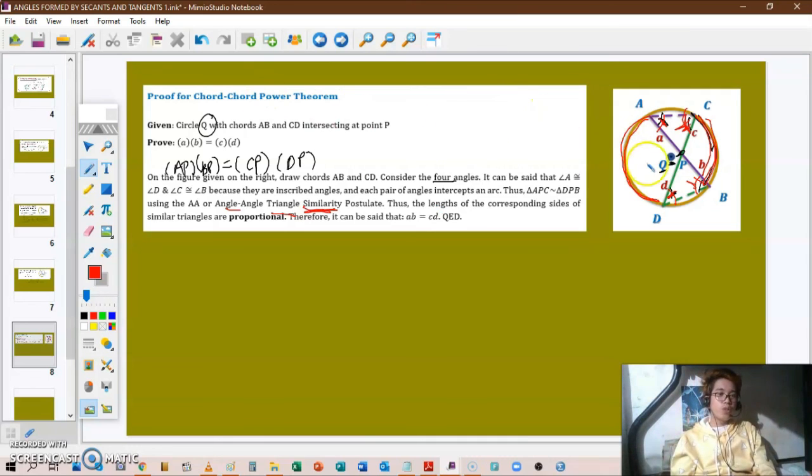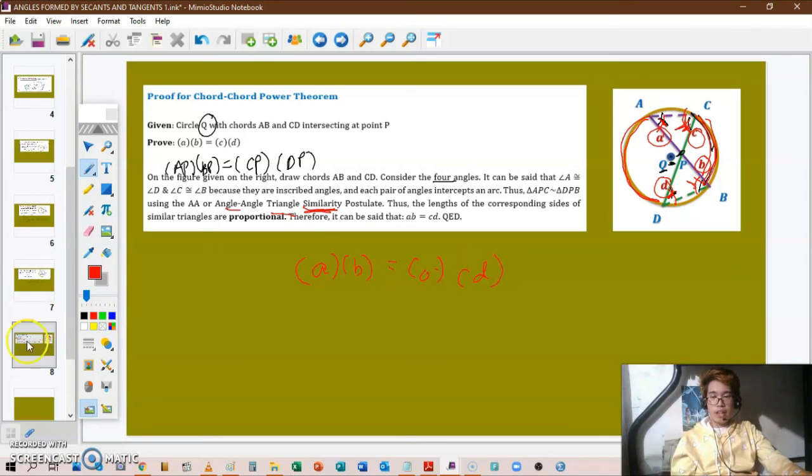So therefore AP is proportional to PB, and CP is proportional to PD, or A times B is equal to C times D.